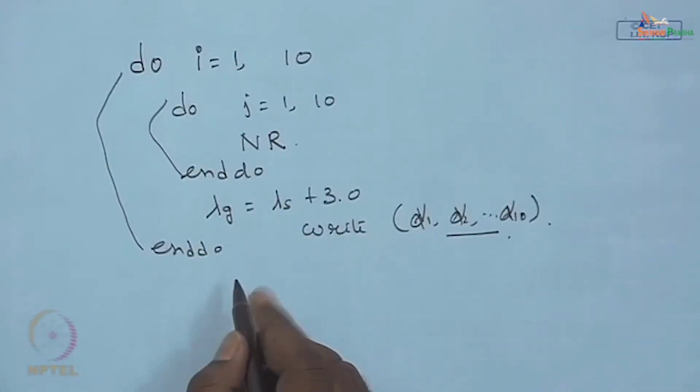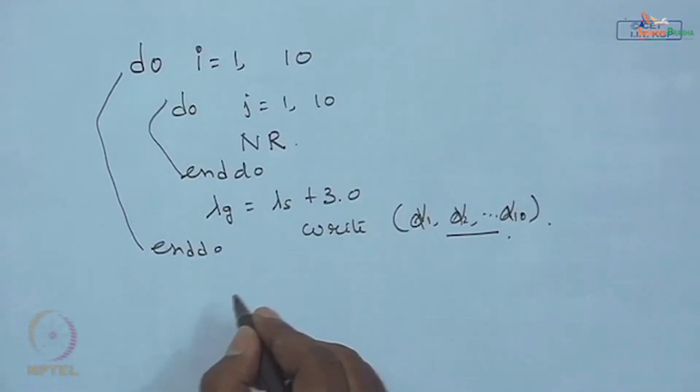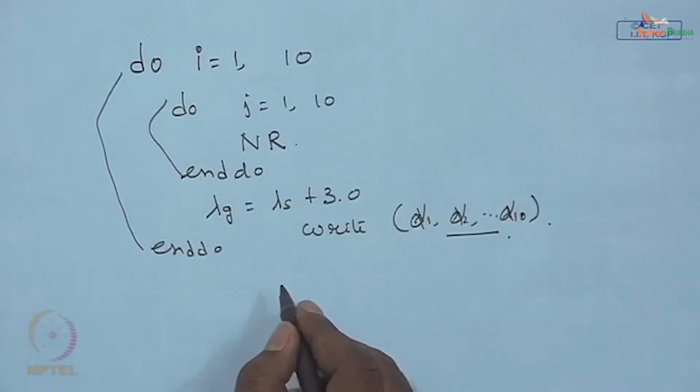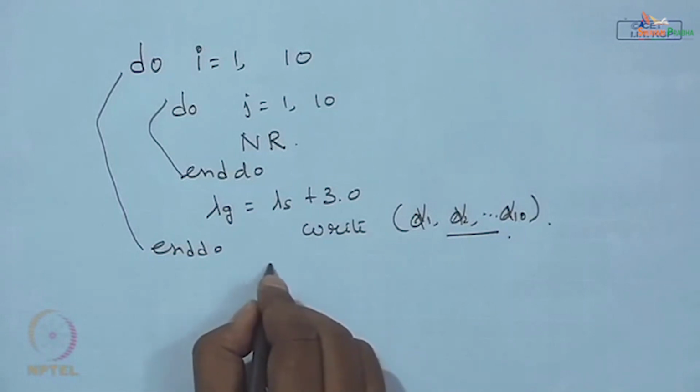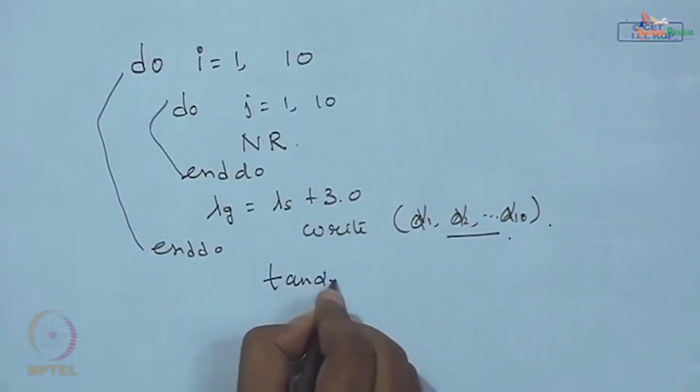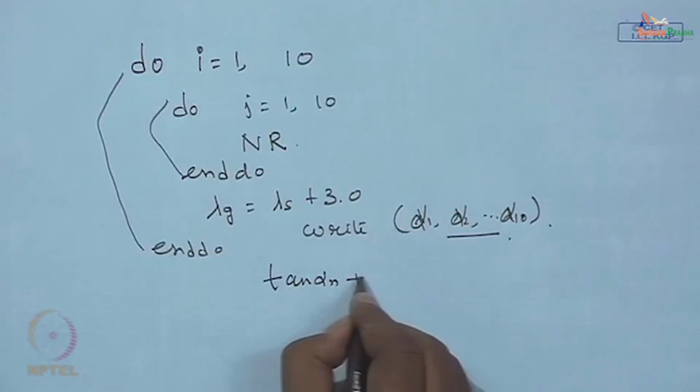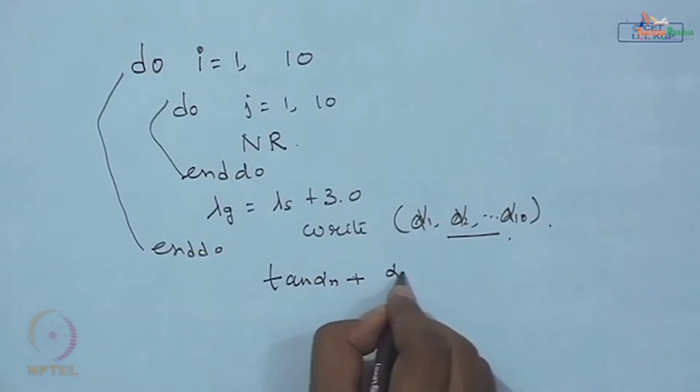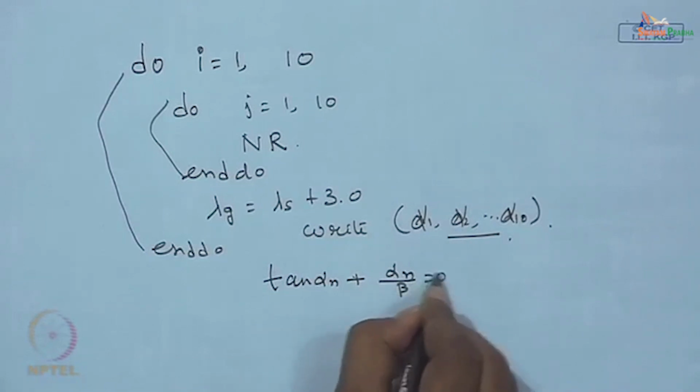So, we cannot get an explicit expression of the eigenvalues in this particular case. We write down this transcendental equation, tan alpha n plus alpha n divided by beta equal to 0, to designate the eigenvalues.